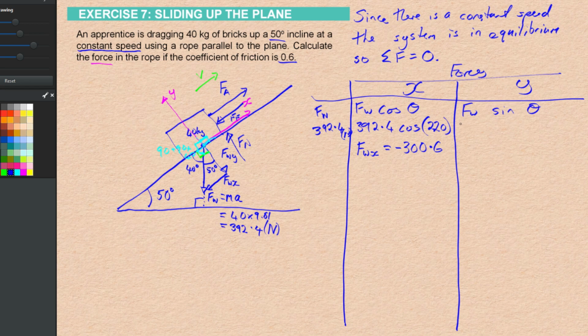And for our y component, 392.4 sine of 220, same angle, same size, just sine instead of cos. We get minus, so FW in the y direction, we get minus 252.2.